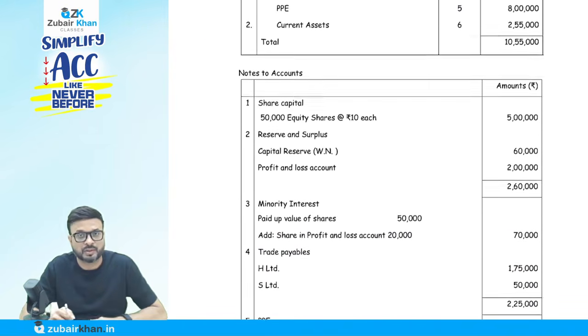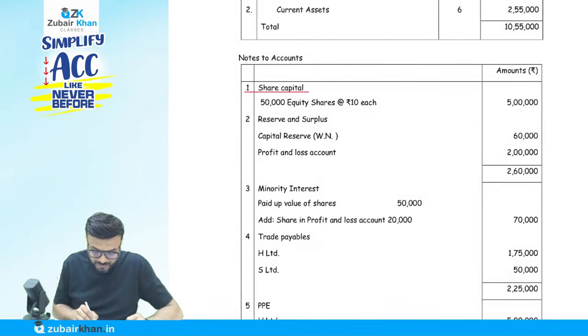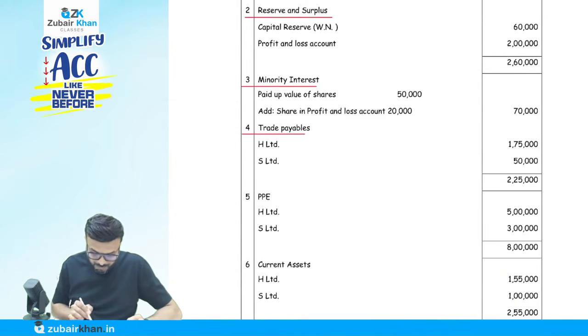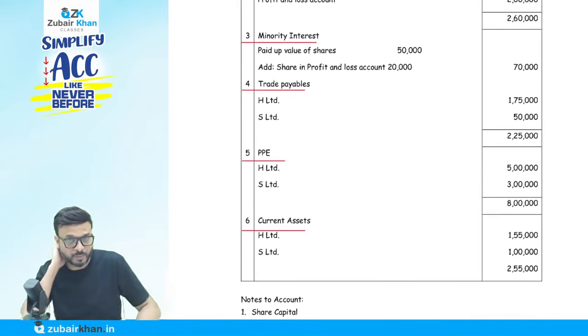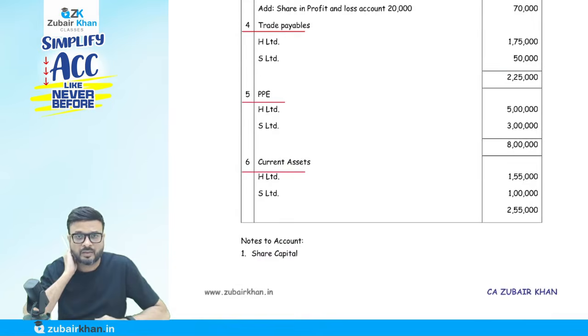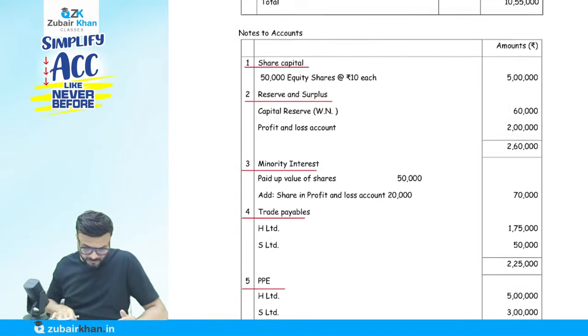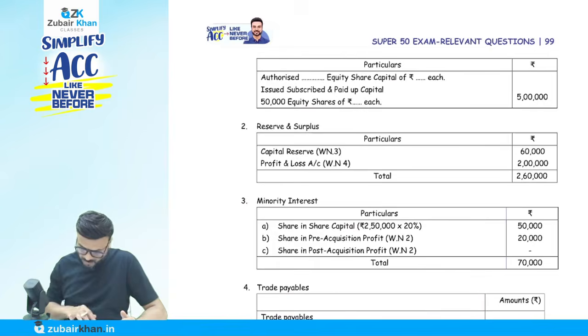Now, the notes to account that they have prepared here are share capital, then reserve and surplus, minority interest, then trade payable, PP, current assets. It is not necessary that you prepare them on trade payable and current assets, but if you want, you can do that. Okay. Now here, first of all, these are notes to account.